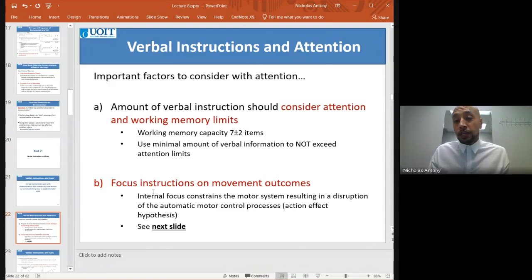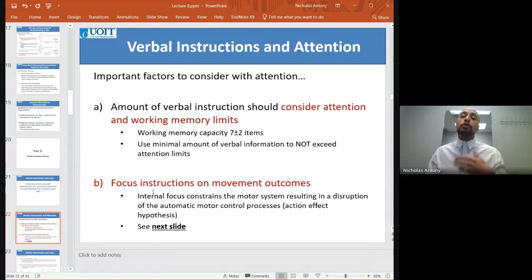So initially, it's good to have people think internally to process what they need to do. And then ultimately, you need to switch that focus externally. That way, when people are performing the motor skill, they're thinking about the goal. Because chokers are when they revert back to an internal focus.